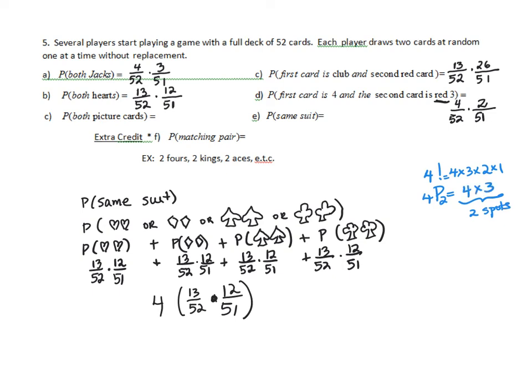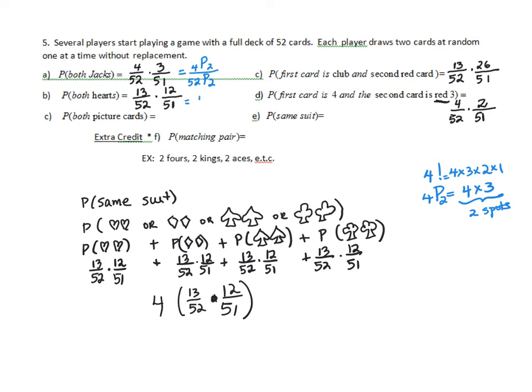So all of these probabilities can be expressed in permutation notation. Let's look at it. In the very first one, in part A, we could write this as 4p2 over 52p2. The number of ways to arrange 2 cards from 4 and the number of ways to arrange 2 cards from 52.